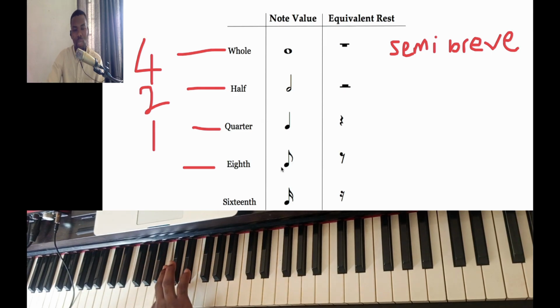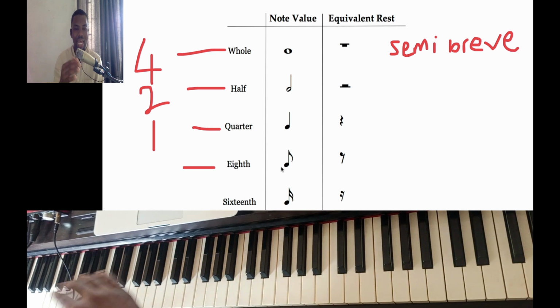And then I explained that a quarter note will be played for how many beats? 1 beat. So every beat will get a note each, like so. And then an eighth note will be a division of that. So for every beat, you get 2 notes, like so.